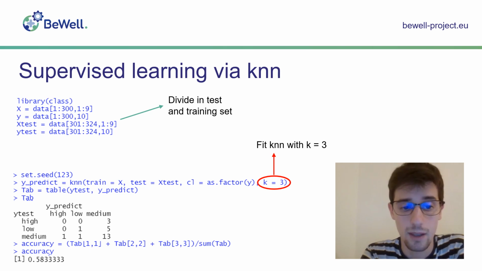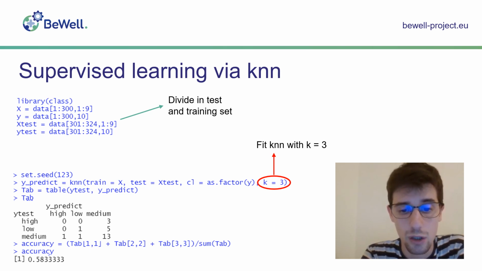Then, given the predicted labels, we compare it with the true ones using the table command. The latter produces a table whose values on the diagonal are the ones that are correctly predicted. Namely, out of 15 new patients with a medium level of glucose, 13 of them are correctly classified.